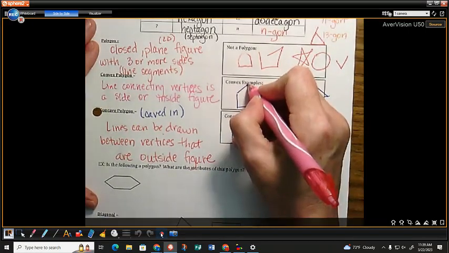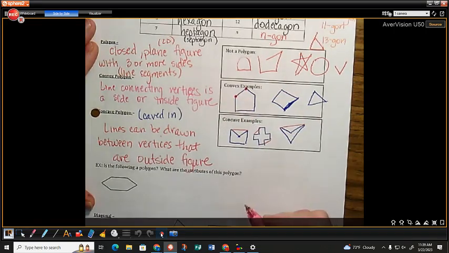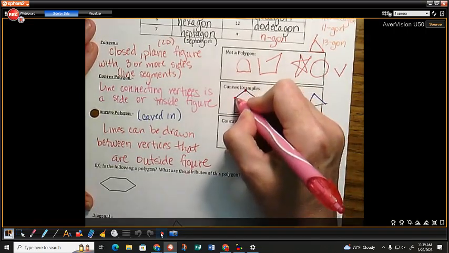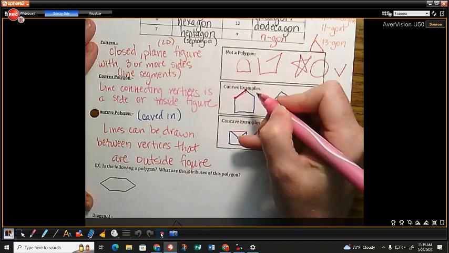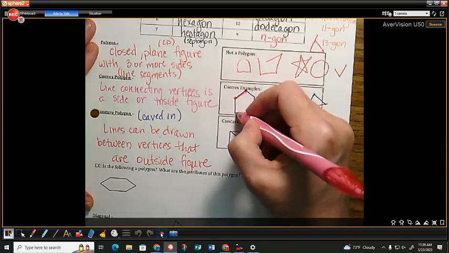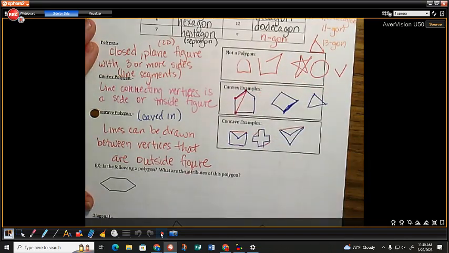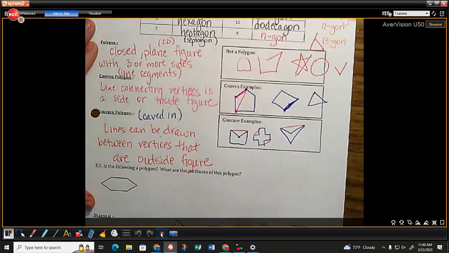If I connect this top point and the adjacent point next to it, does that go outside the shape? No, it's one of the sides. But I could try and connect it down to this guy. Does that go outside? No, it's completely inside. So this is a convex figure. Nothing escapes. It's all either inside or it's one of the sides.